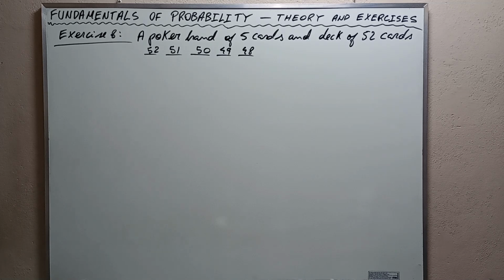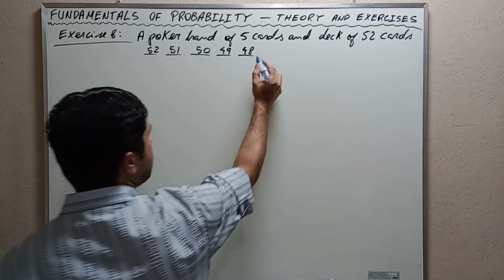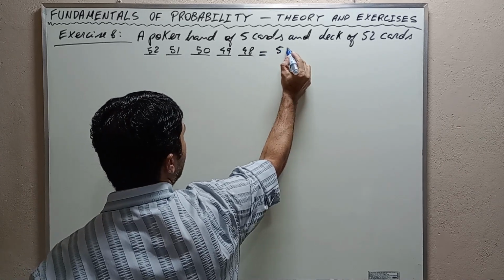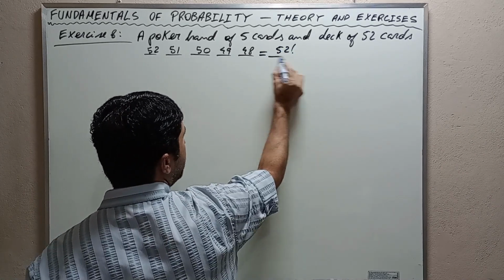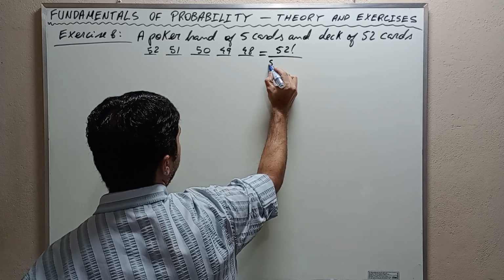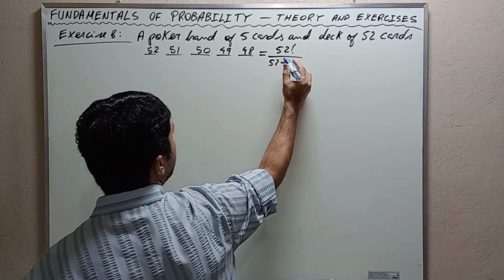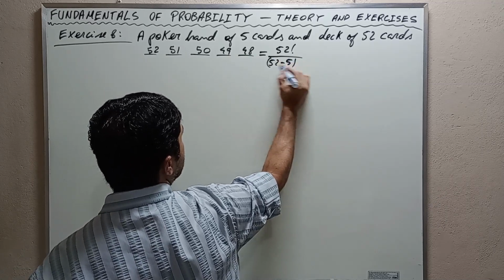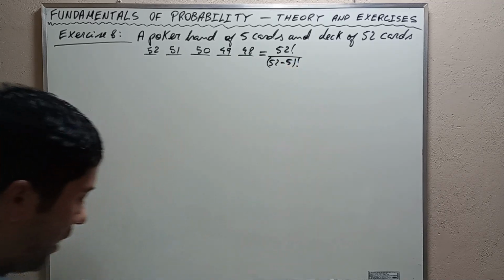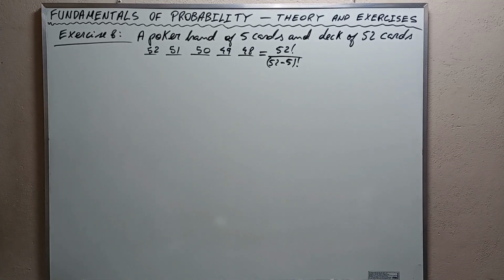And this is equal to the factorial of 52 divided by (52 minus 5) factorial, okay? We don't let the factorial go all the way to the end.